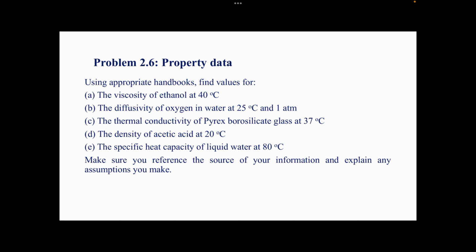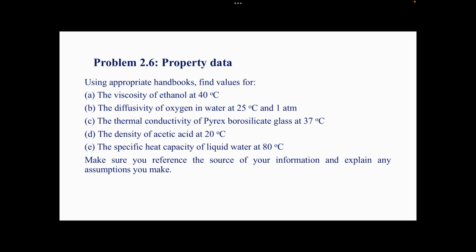Make sure you reference the source of your information and explain any assumption you make. If you are making any assumptions while retrieving the data, we will understand that in later stages. As I already told, we are going to use Perry's Chemical Engineers' Handbook, and here I am using the 8th edition, published by McGraw-Hill.